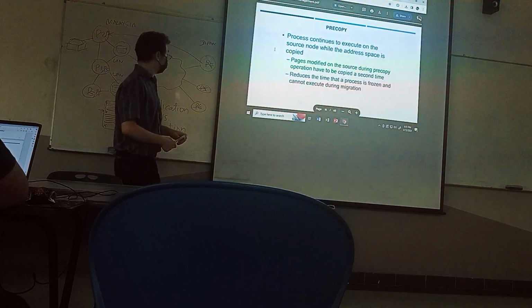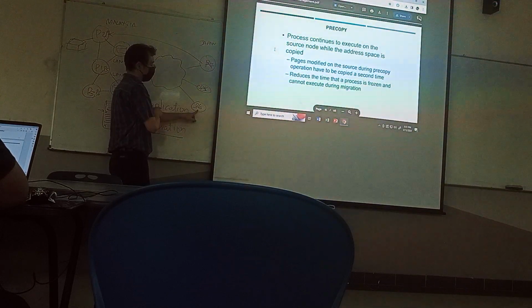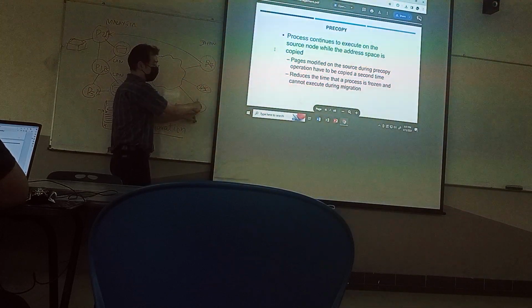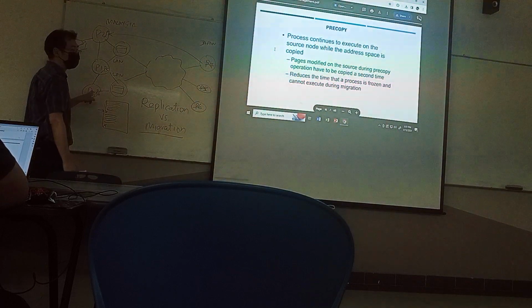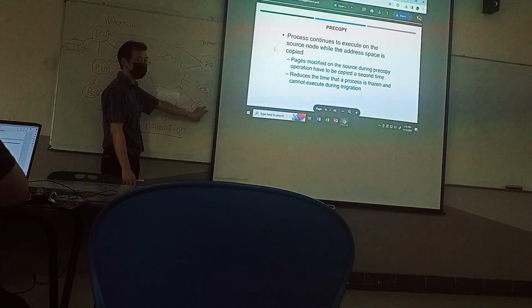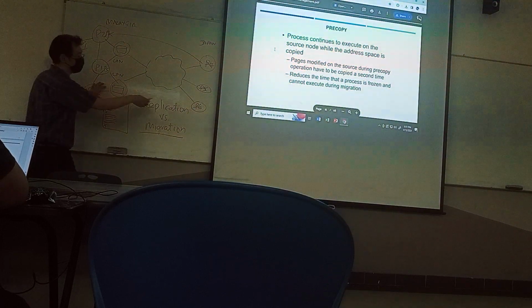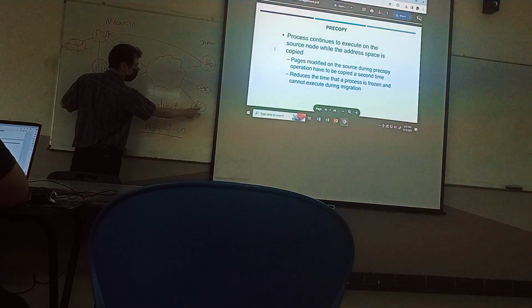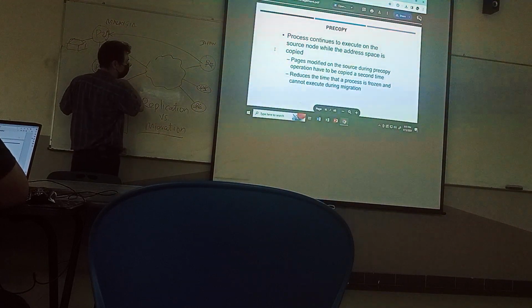Now, let's say for example, while you're migrating, somebody writes into certain data here, but you already migrated that data across. Here it has been changed. That means what you transferred there is a stale copy, because the process is modifying data that has already been transferred.